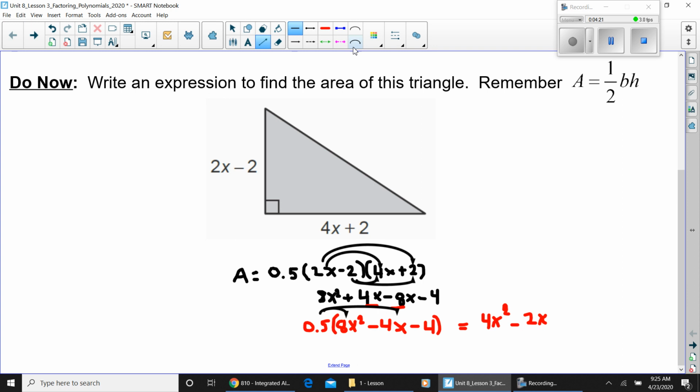And one last thing to distribute: you have 0.5 times negative 4, and that's a negative 2. So your answer is 4x squared minus 2x minus 2. And this is your answer. That is the expression to find the area of this triangle. And that's it.